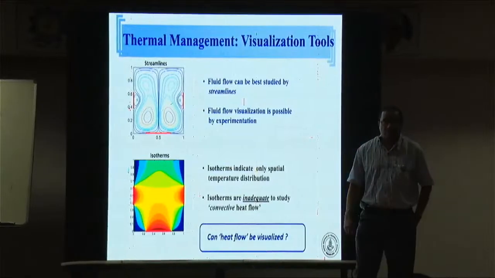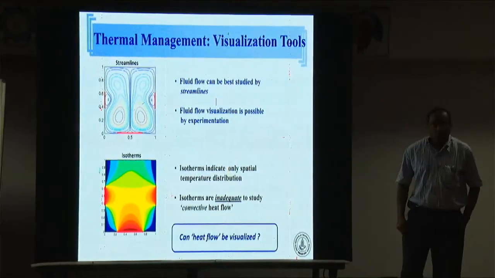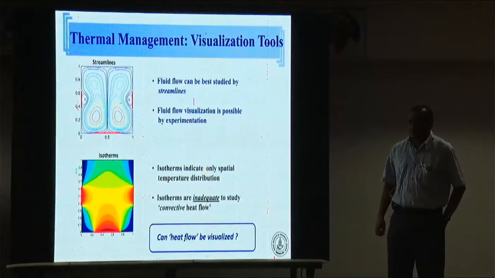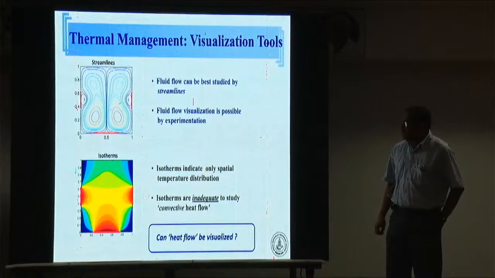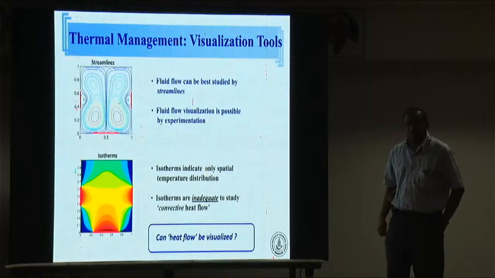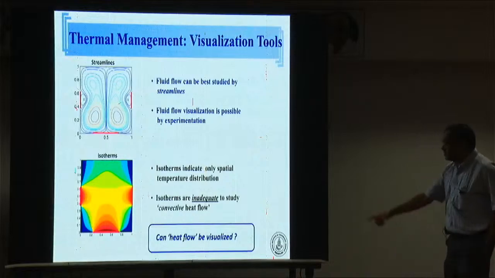Energy cannot be visualized. So if energy is not visualized, how do we visualize it? The answer is heat line. And what is a heat line? A heat line is a mathematical tool. We cannot visualize energy directly, but mathematics will give you the answer on how to visualize the energy.